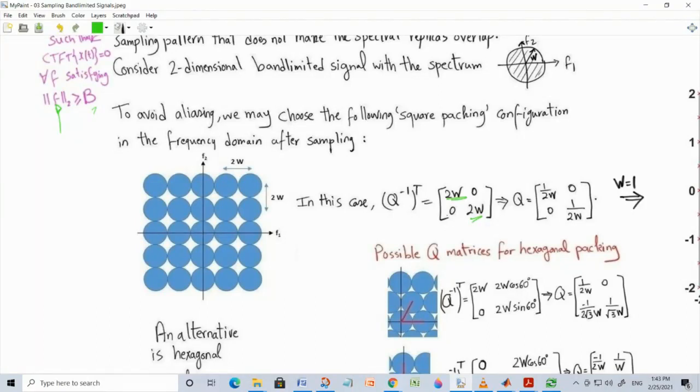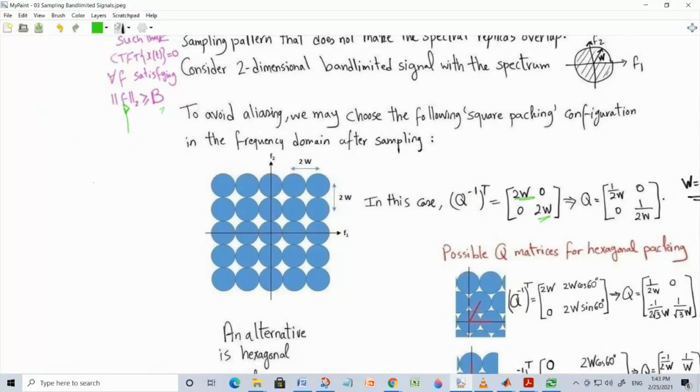So again, why is this? The idea here is that if this is Q inverse transpose, it means that your spectrum will repeat along each axis every 2W. This is the meaning.